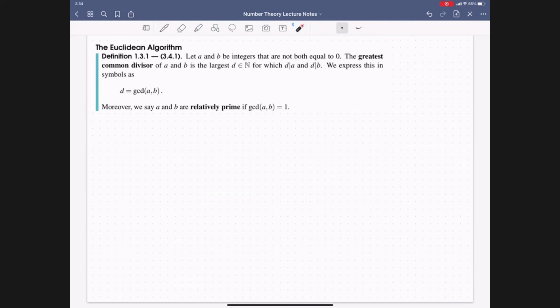So the greatest common divisor of two integers a and b, and we're going to assume that both of them are not equal to 0, we're going to define the GCD of a and b to be the largest natural number d such that d divides a and d divides b. Symbolically, we write d is equal to the GCD of a and b. And if the GCD is equal to 1, then we say they are relatively prime.